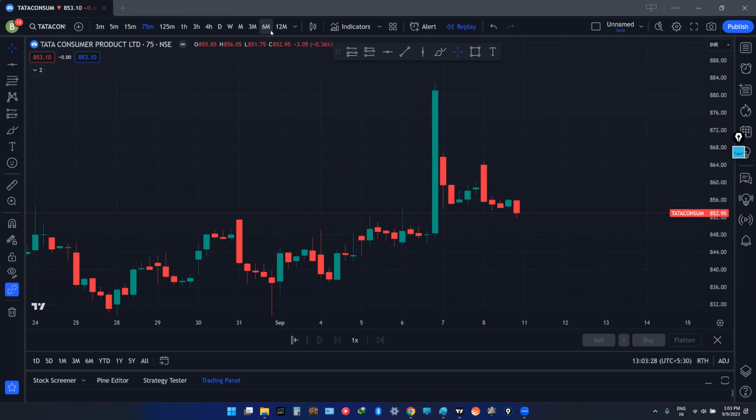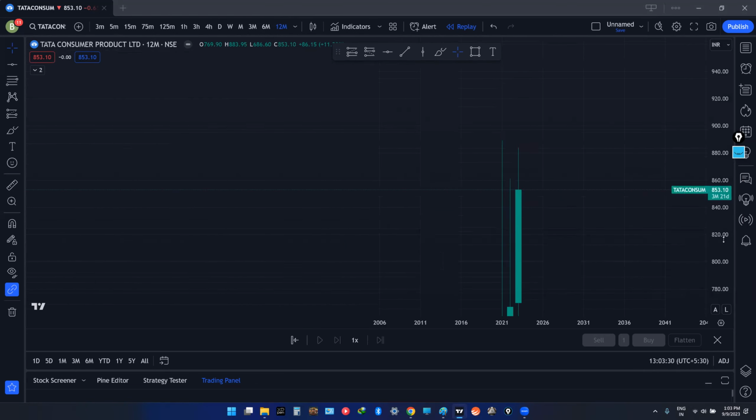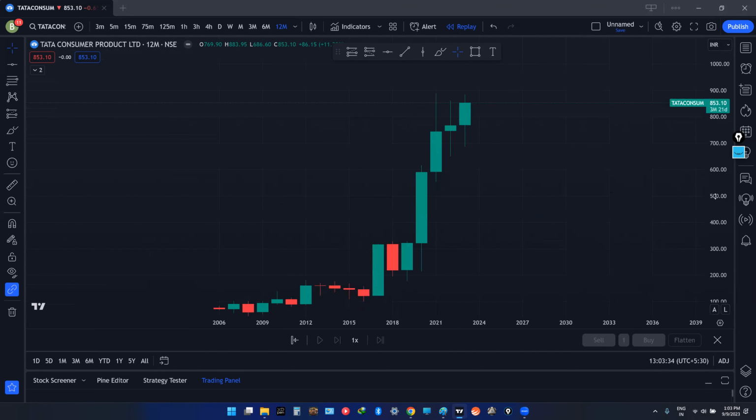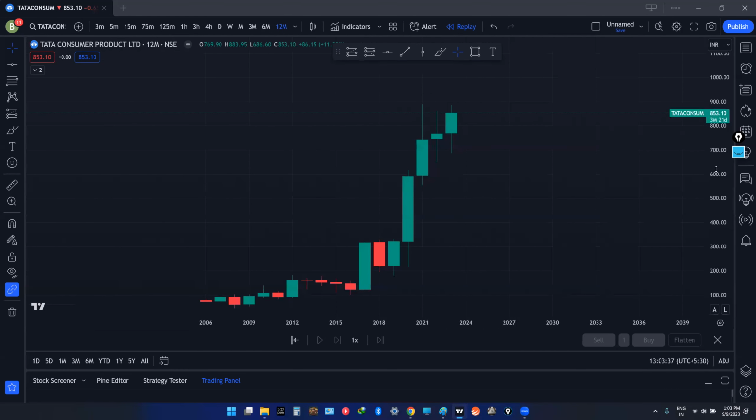Okay, let's analyze from the yearly. If in yearly you see here, so this was the first part, second part, third part, when this was breaking here, there was a good investment opportunity. This was in 2017. Okay, gone. After that, first, second, third, here there was an investment opportunity, gone, 2020.